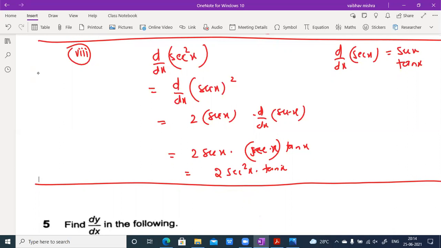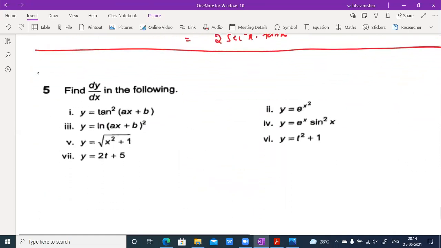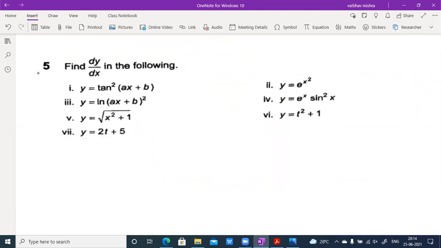सॉल्व क्वेश्चन नंबर 5। Sir, I'm not getting what should I take the value of t in the first part? You have to take ax plus b as t.